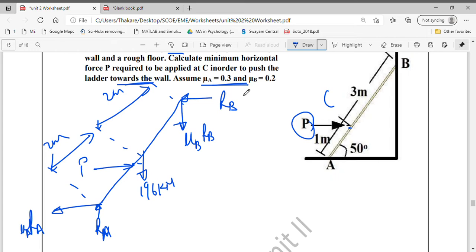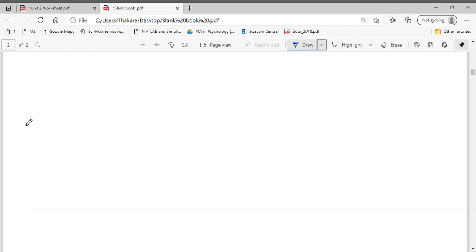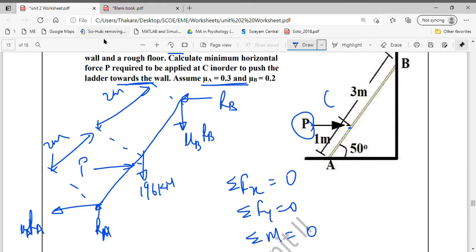Now, using your conditions of equilibrium, we will determine the unknown force P. You have three conditions of equilibrium here. This is not an entirely concurrent force system. So you have summation of forces in x equals to 0, summation of forces in y equals to 0, and summation of moment about a certain point throughout the beam AB equals to 0. Now let us apply the first condition, summation of forces in x equals to 0, considering forces acting towards right as positive. Here, what are the forces acting towards right?